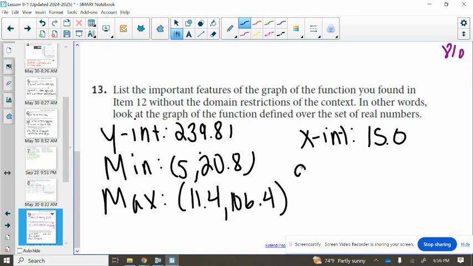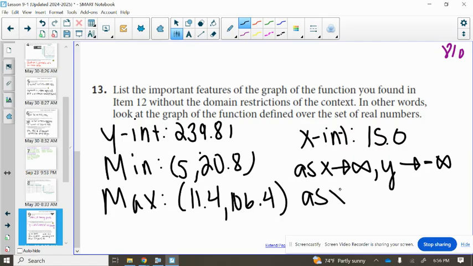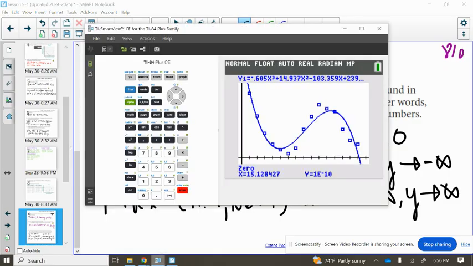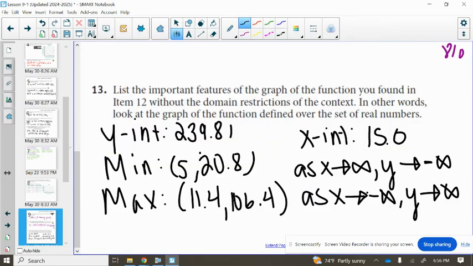And our overall end behavior, as our x values are getting bigger, our y's are going towards negative infinity. As our x values were getting smaller, though, our y values were going off the graph towards positive infinity in that other direction.